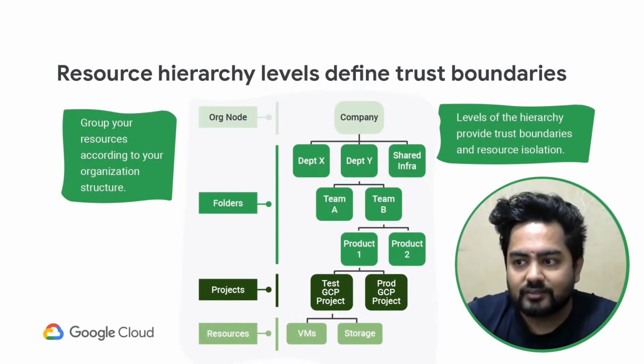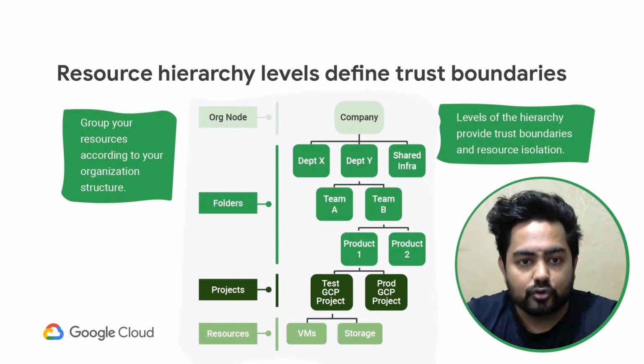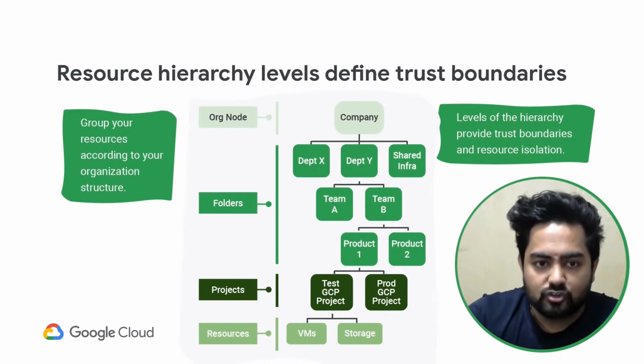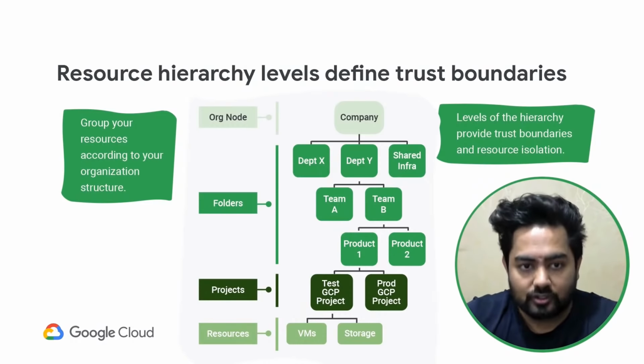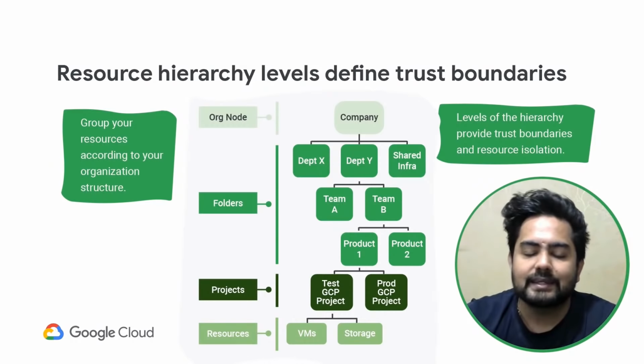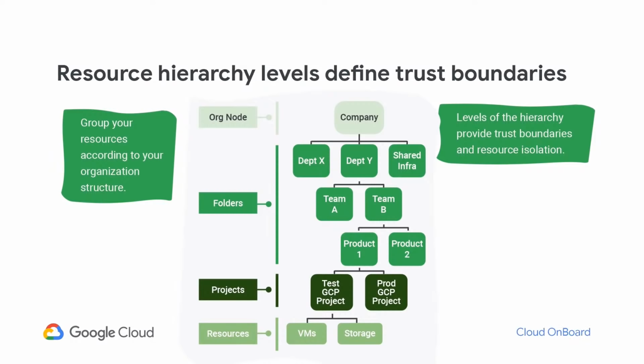Then the projects and folders that you see here are basically the children of the organization, along with the other resources. Now you can set an IAM policy, which is an identity and access management policy, at different levels of the resources. The resources inherit the policies of the parent resource, and then you can build your system around that.